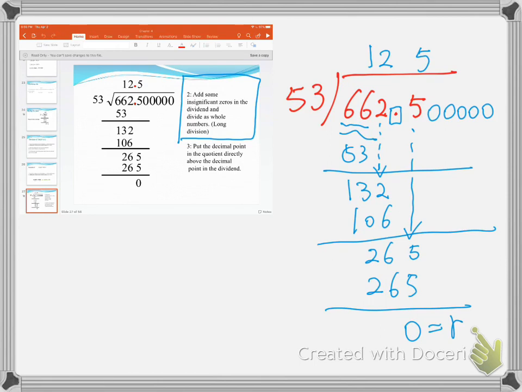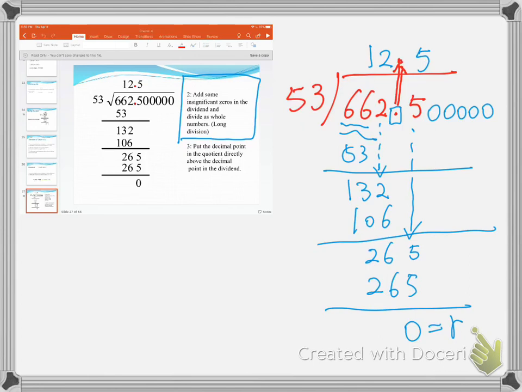So the last step, we will look at the decimal point. We put a decimal point on top of the decimal point. There is a decimal point in the dividend. We move it up to put a decimal point in the quotient.